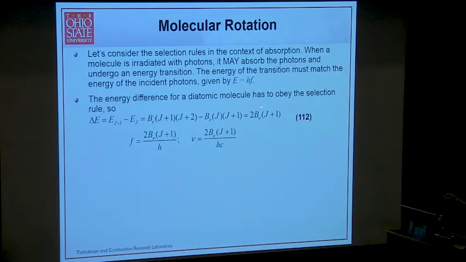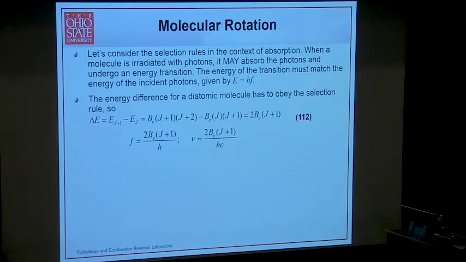And your energy difference here has to be 2B times J plus 1. That's what you have to equal in terms of your laser. You have to equal this energy difference. So then the actual frequency is 2B(J plus 1) over h, or in terms of spectroscopic frequency, 2B(J plus 1) over hc. That's the wave numbers that you need to tune to.